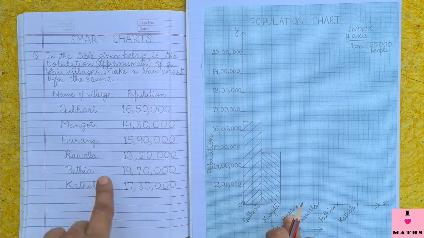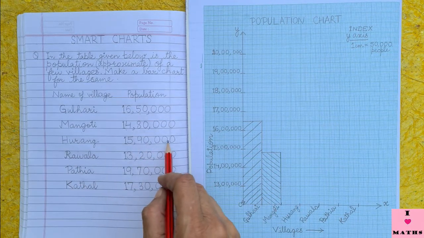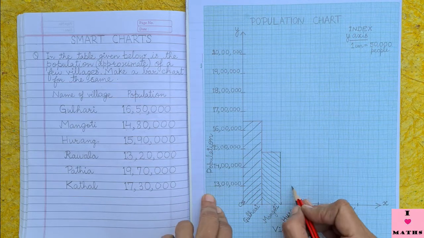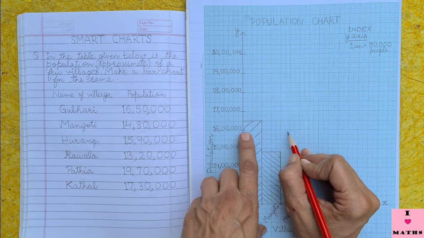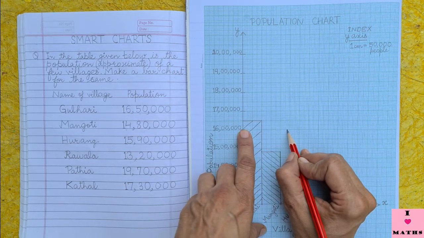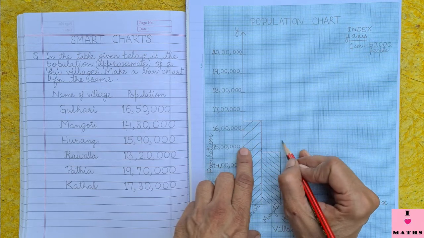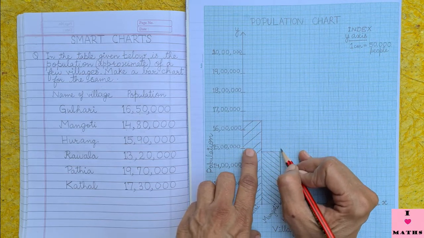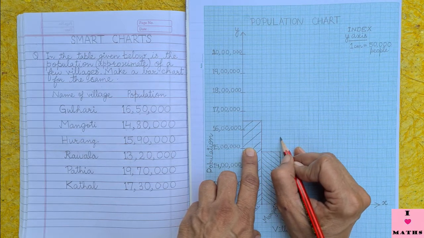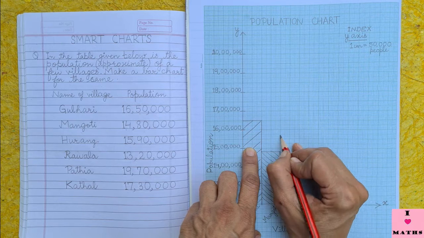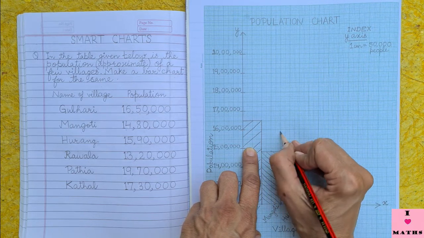Okay, now Hurang has got 15 lakh 90,000 population. So we will go till 15 lakh. This is 15 lakh and this is 16 lakh. But I want 15 lakh 90,000. So this is 15 lakh 50,000, 15 lakh 60,000, 70,000, 80,000 and 90,000.